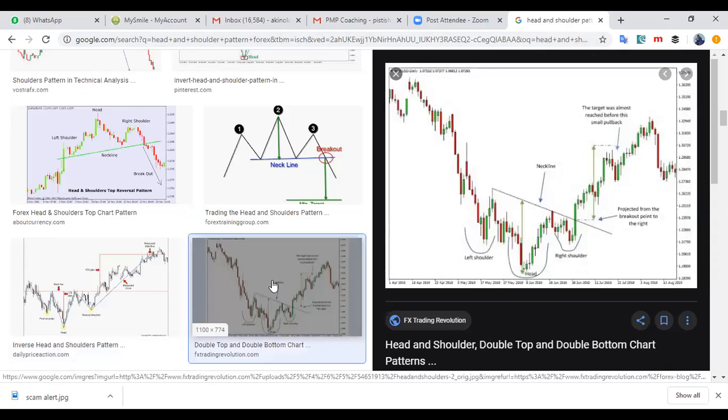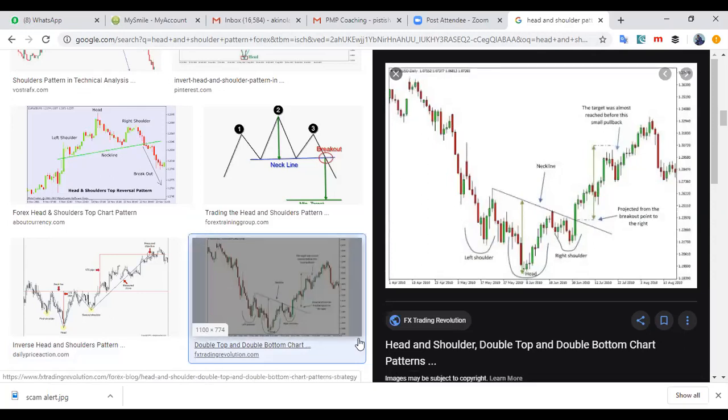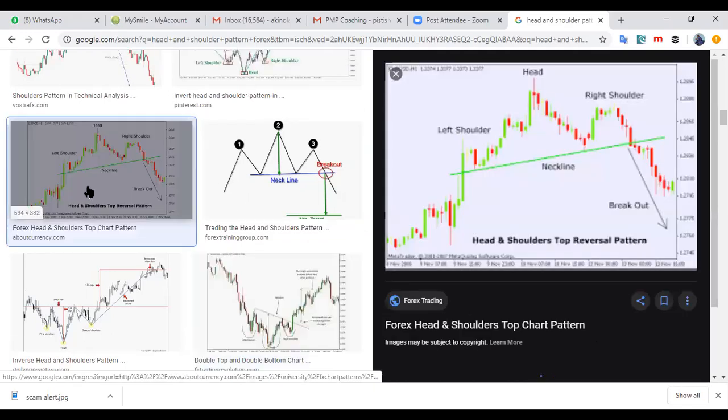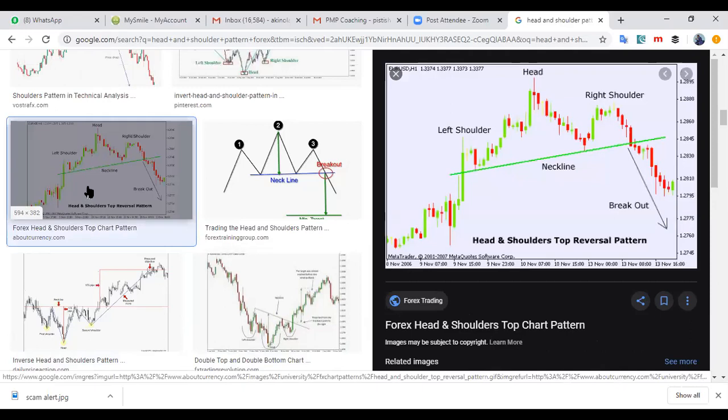So head and shoulder or inverted head and shoulder. Another thing is this: does it have to be a straight line to be the neckline? No. From the examples you are seeing, you can see that this is not straight. This is slanted. The one I gave the other time is slanted. See, even this is also slanted.